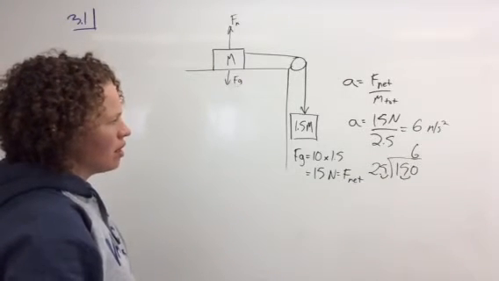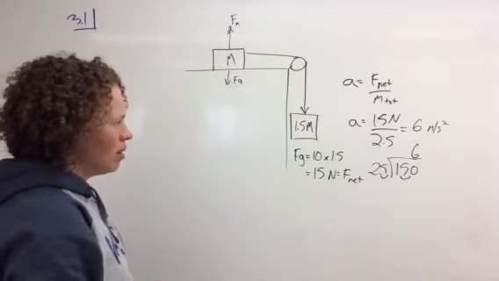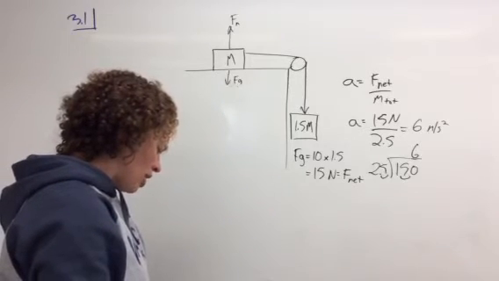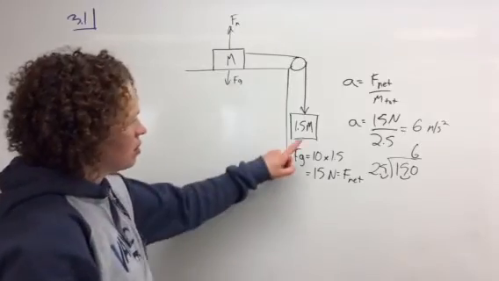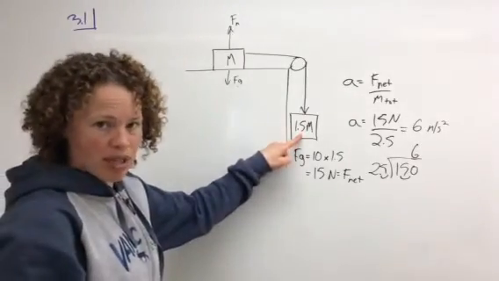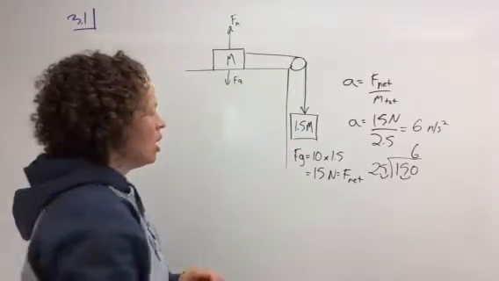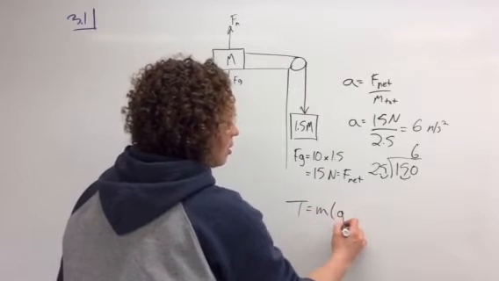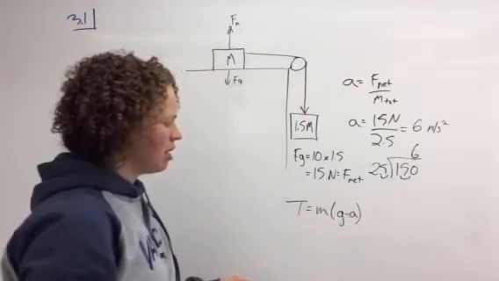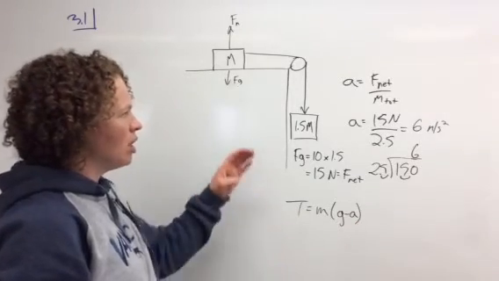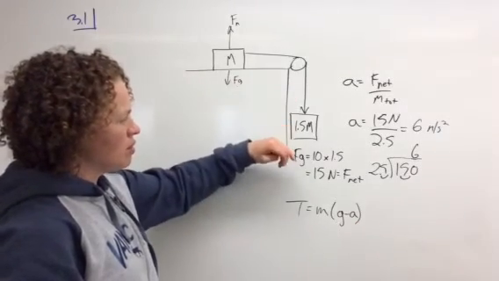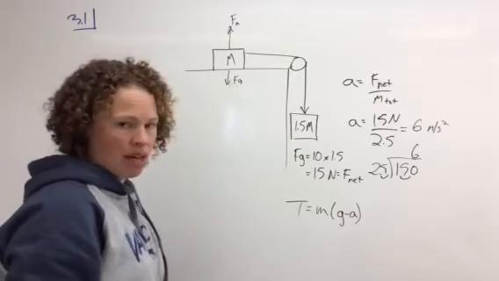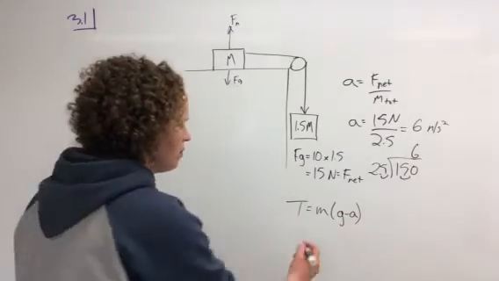Now that I've got the acceleration, I want to find the tension in the rope. So my tension is just going to be, I'm going to look at this mass because this is the one driving the system, and I'm going to write tension is equal to that mass times force of gravity minus A, because just like in the other scenario, the tension on the rope is working against gravity. It's kind of pulling it back, slowing it down, so this is going to be a smaller number.